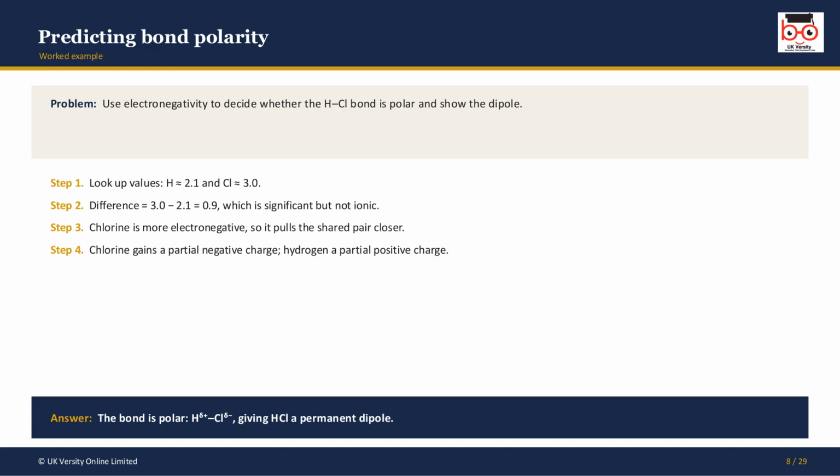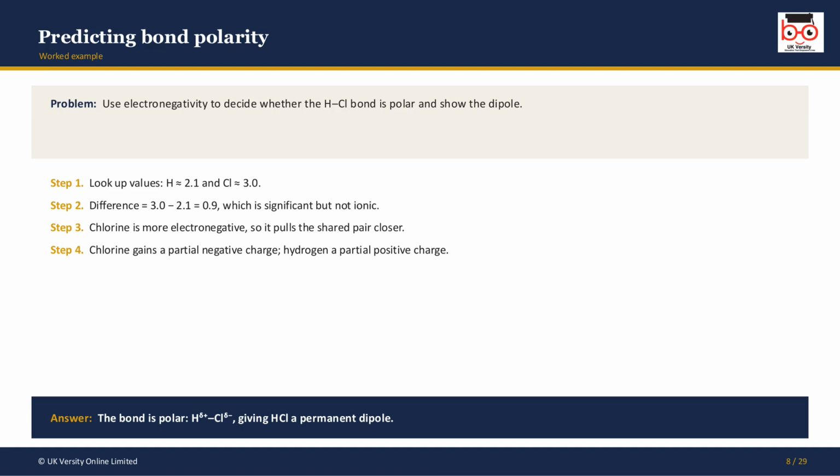Let's predict the polarity of the hydrogen-chlorine bond. Look up the values. Hydrogen is about 2.1, chlorine about 3.0. The difference is 3.0 minus 2.1, which is 0.9, significant but not large enough to be ionic. Since chlorine is the more electronegative, it pulls the shared pair closer to itself.